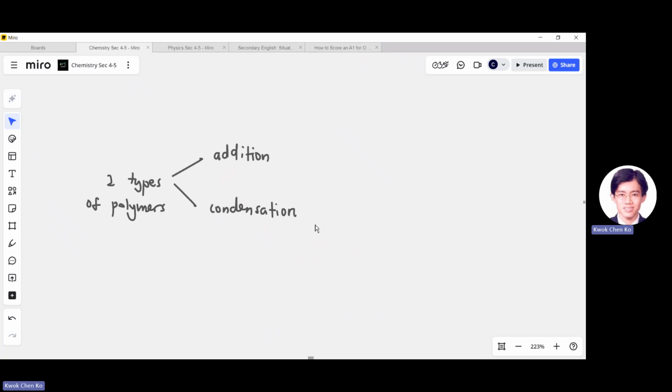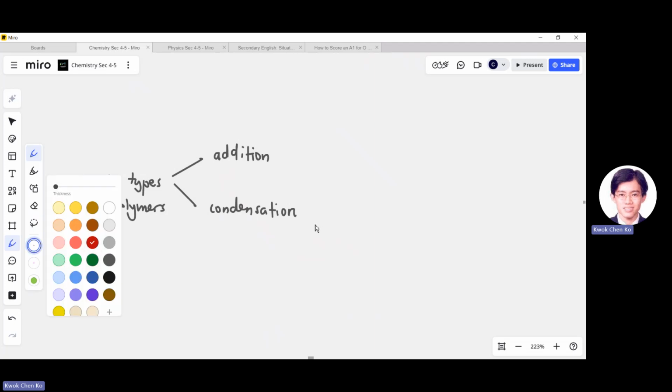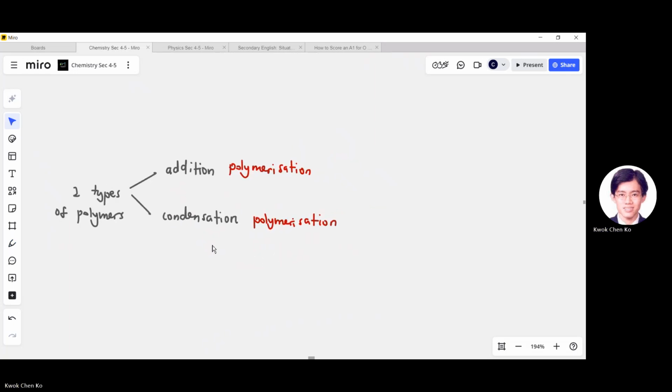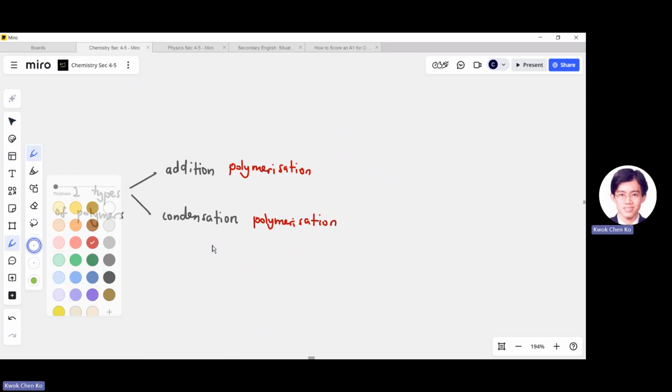Now, of course, there's a reason why they are called these two names. Basically, they go through addition polymerization for the first type, and then the second type goes through condensation polymerization. And to refresh your memory, what is the starting material called?